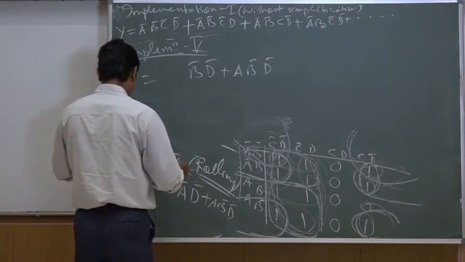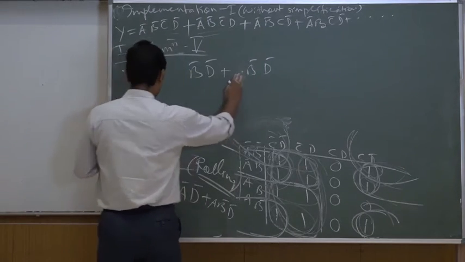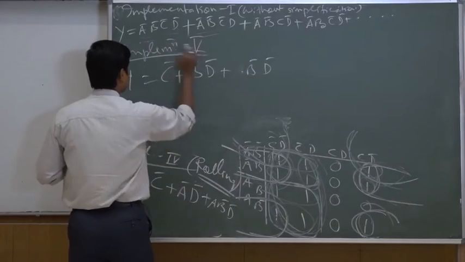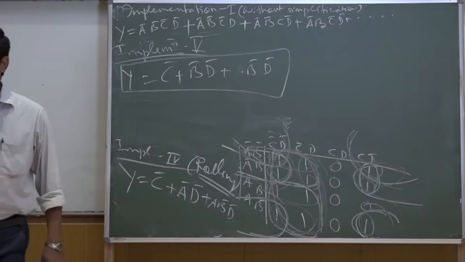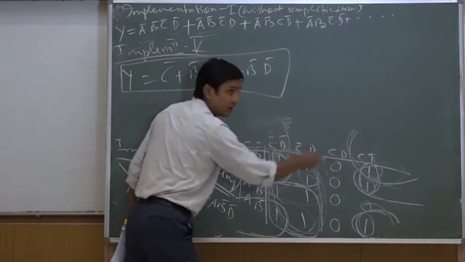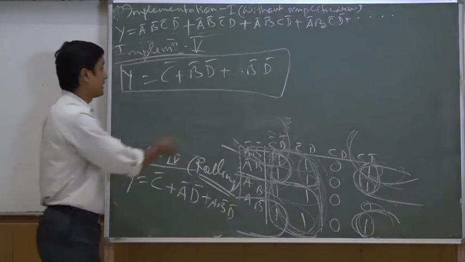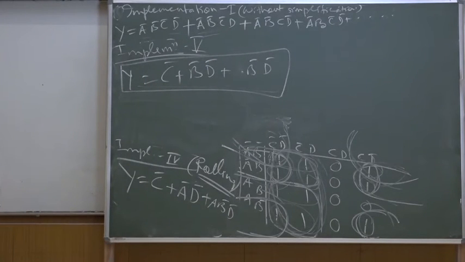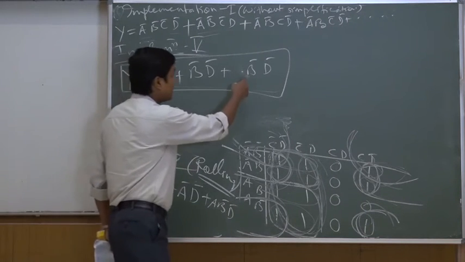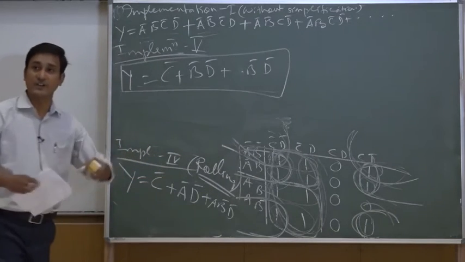I could get an expression up to this level. You please check this. I could simplify this Karnaugh map with this idea, up to whatever I have spoken, I could get this many combinations there to get the final expression of y like this. If you can, A bar, but I could make further simplification actually.